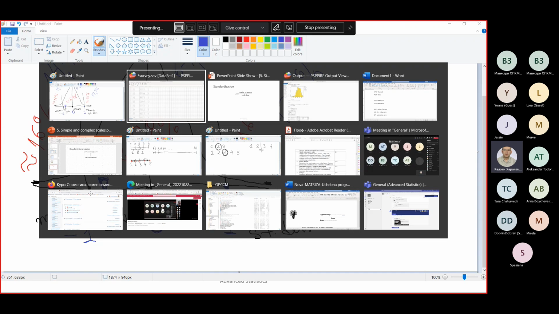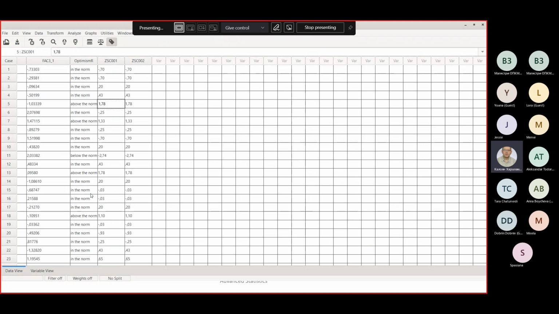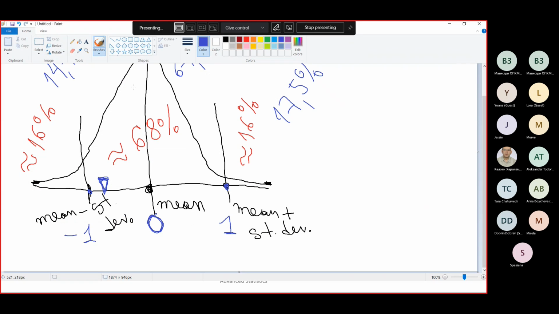The second individual is also -0.7. The third is 0.2, between -1 and +1, so in the norm, but plus 0.2 is here, close to 0.